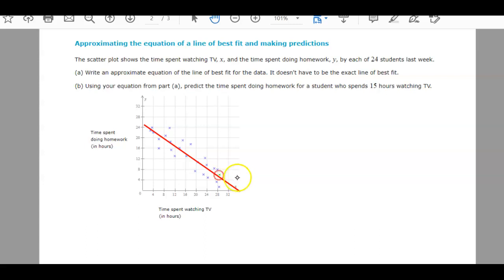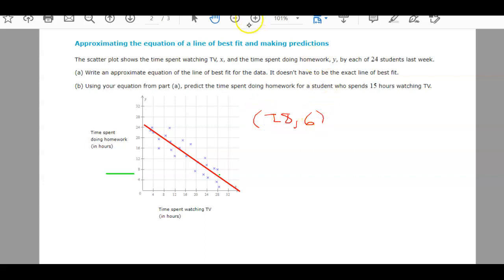So if I follow this over to the side, we'd have a 6. So I'm going to have a 28 and a 6. That's going to be one of my points. 28 and 6. That's going to be 1 point.